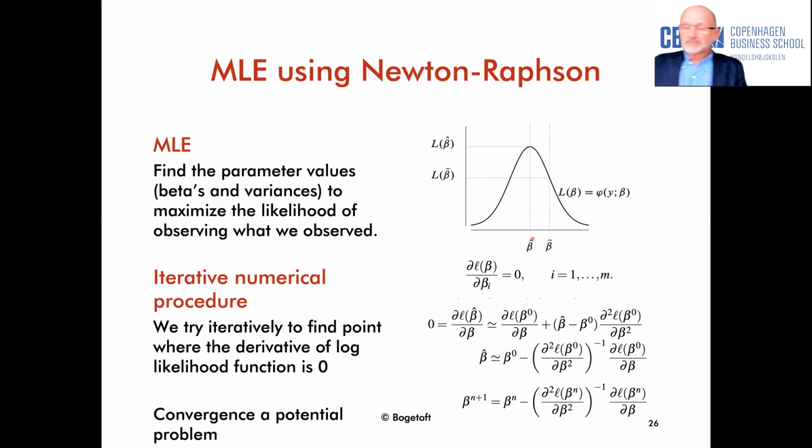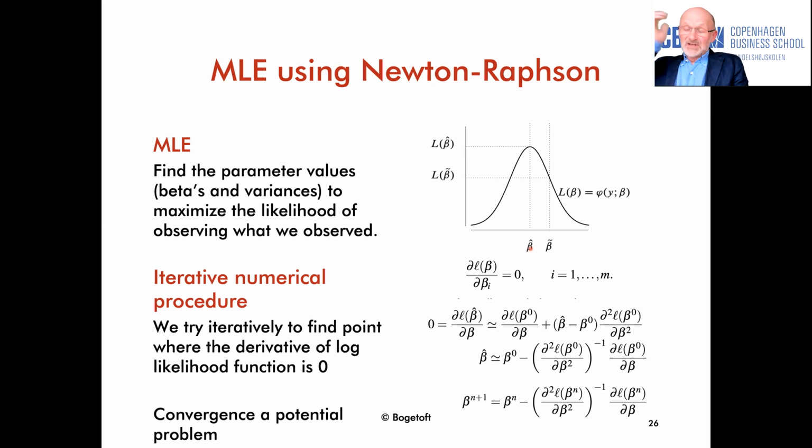Now the question is how to find this point, because this function doesn't look very nice. You don't even have a nice closed form solution that you can just calculate with. You need to find a numerical way to move along this curve and get to this peak. When you get to the peak, you know which parameter values to choose.